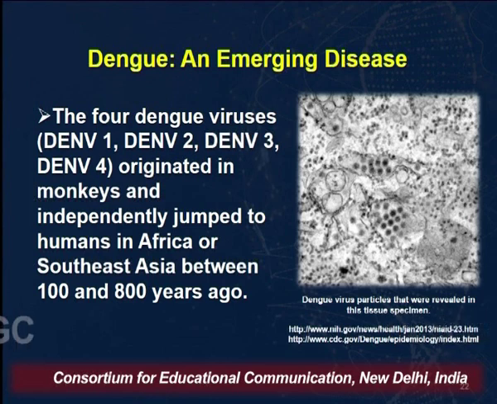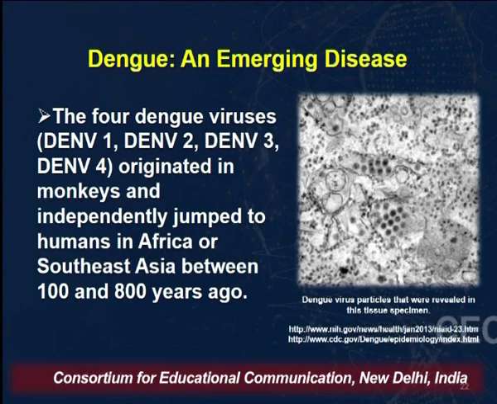Now, dengue is regarded as an emerging or established disease condition, and there are 4 dengue viruses, nomenclatured as DENV1, DENV2, DENV3 and DENV4. Most of them are traced to have originated in monkeys and independently jumped to humans in Africa or Southeast Asia between 100 to 800 years ago.